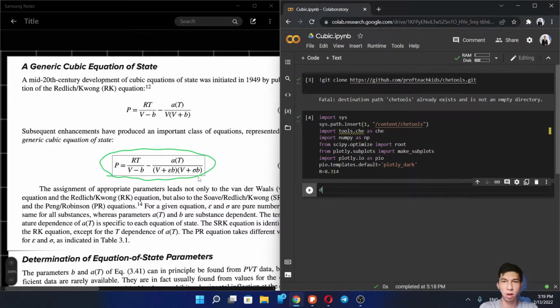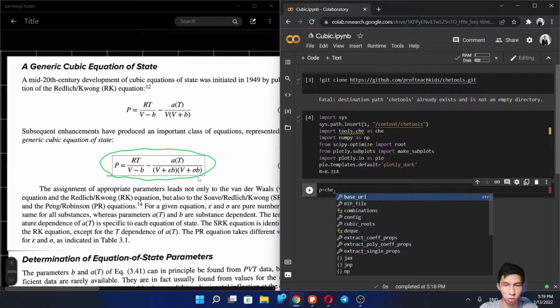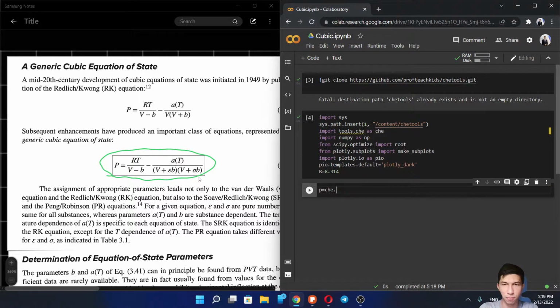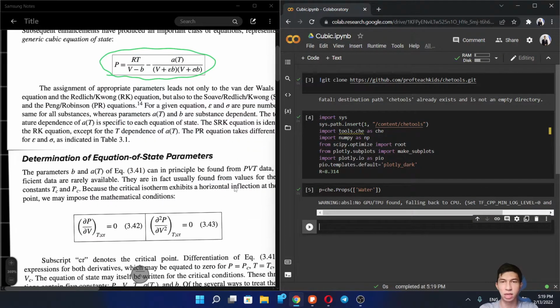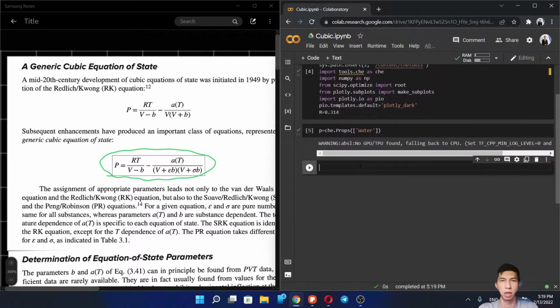Before that, let's import the properties of water from CHE tools. Let's just run it. It says no GPU found because the program is specialized to work on GPU, so we'll be using CPU instead.